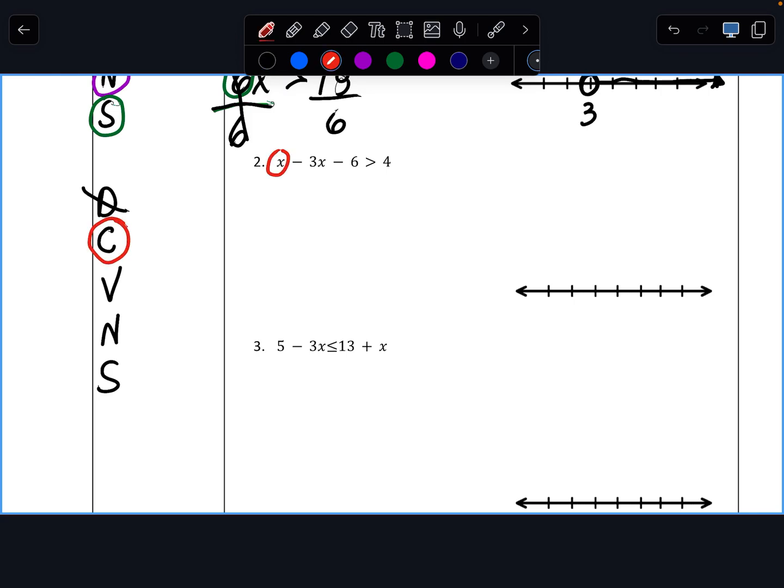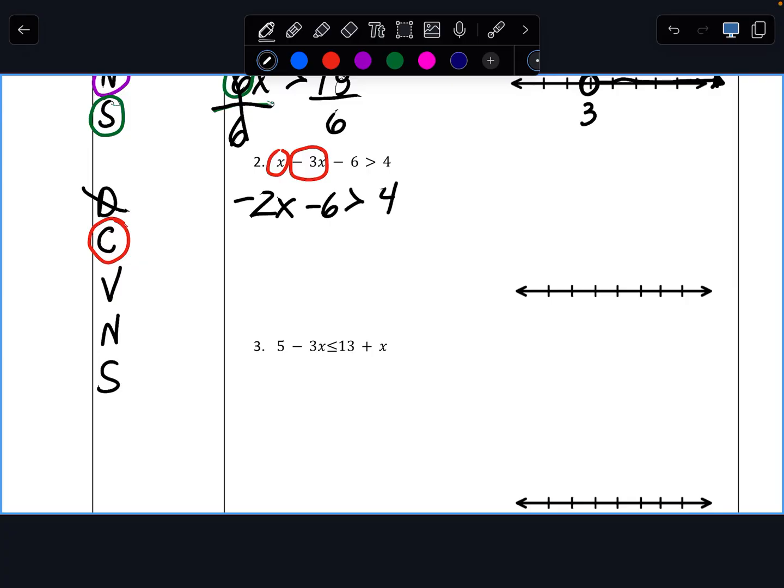I have an x and a negative 3x. When you're combining like terms, remember, you're only doing the left side of the inequality sign or the right side. You're not crossing over the inequality sign. So x minus 3x is going to give me negative 2x. Minus 6 is greater than 4.